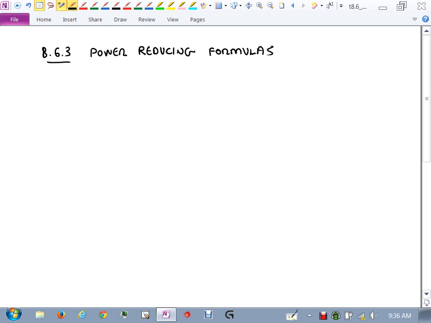And these formulas do exactly what they say. They are used when you want to reduce a power. So the formulas say, first of all, sine squared u equals 1 minus cosine 2u all over 2. Is that what you have on your sheet? Power reducing formula?